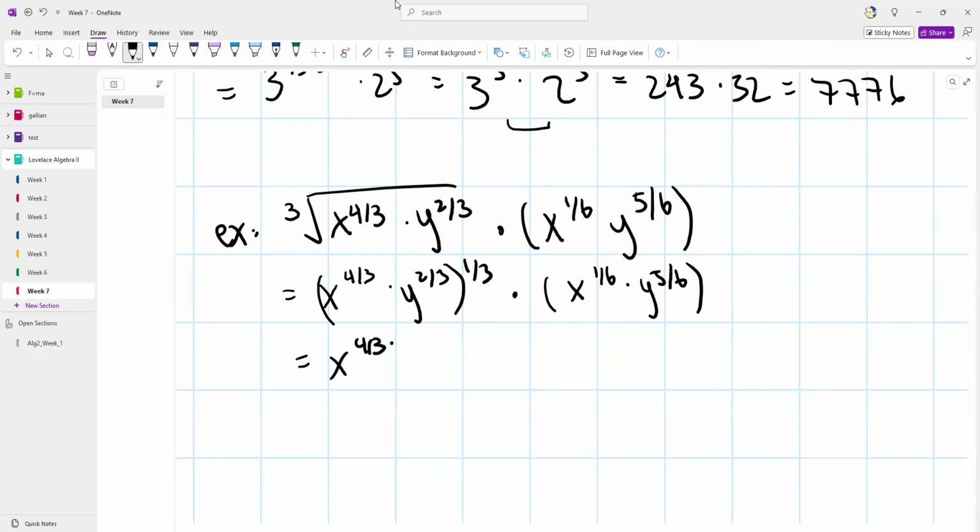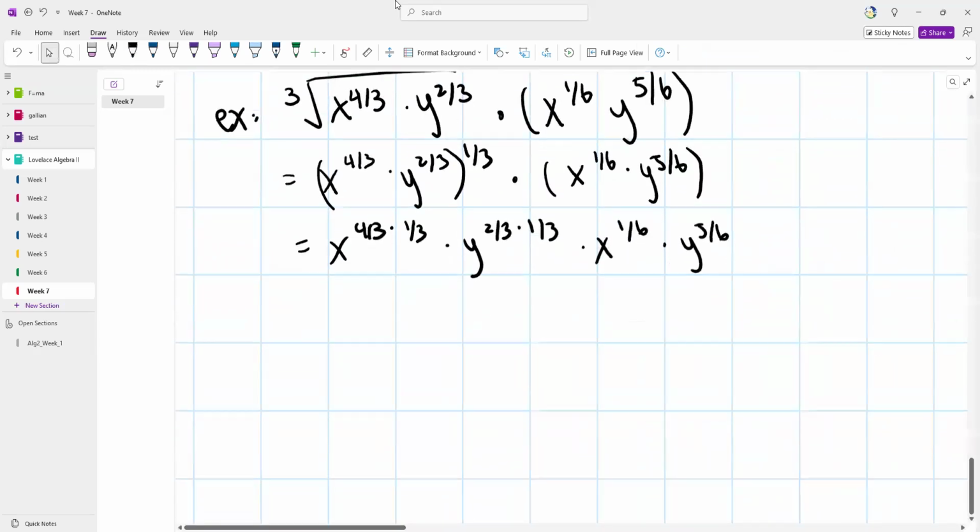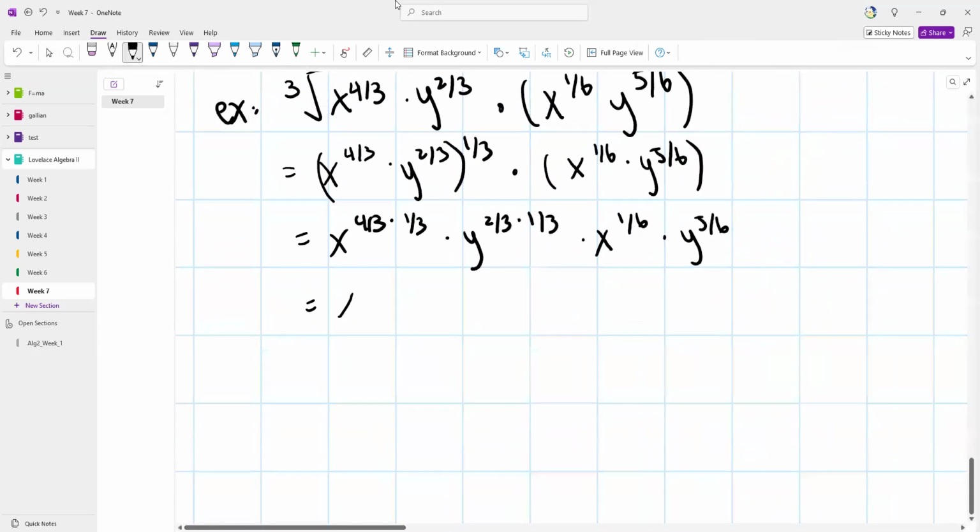So 4 over 3 times 1 over 3, and then you have 2 over 3 times 1 over 3. And then you have times x to the power of 1 over 6 times y to the power of 5 over 6. And this is just equal to x to the power of 4 over 9 times y to the power of 2 over 9 times x to the power of 1 over 6 times y to the power of 5 over 6.